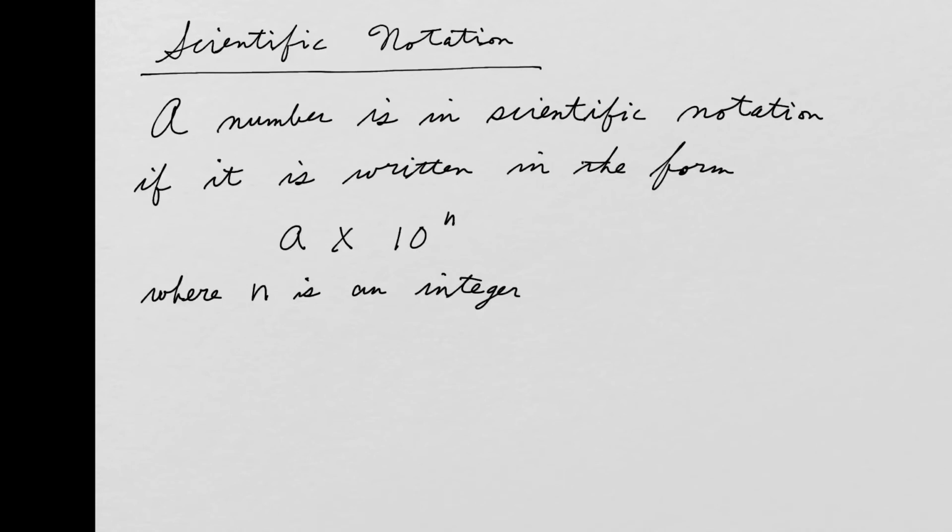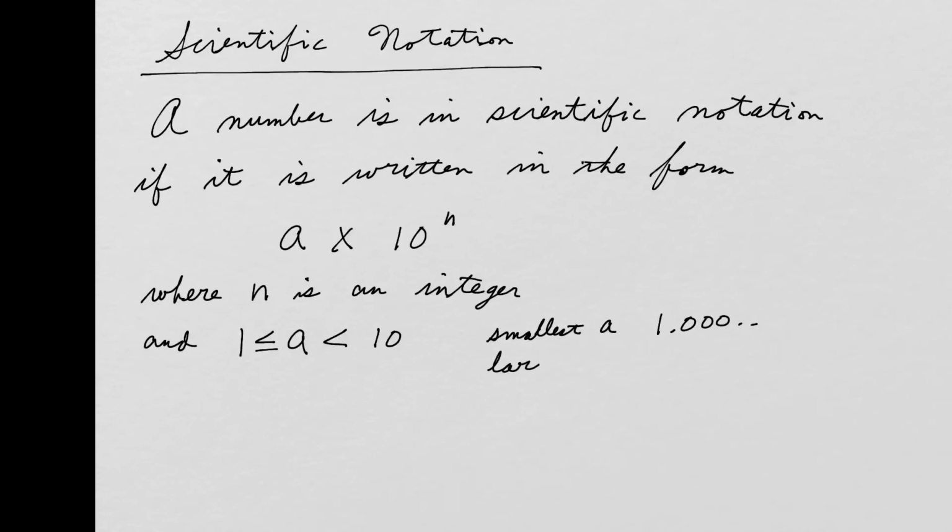And a, and this is the important part, a is a number that is greater than or equal to 1, but less than 10. So the smallest that a can be is like 1.00000 and so on.